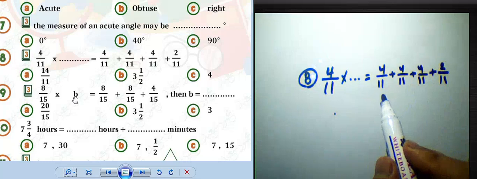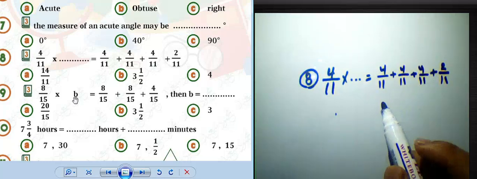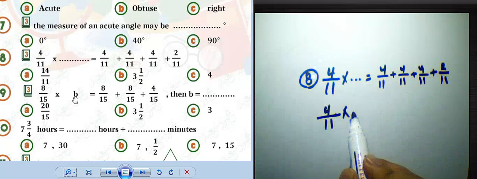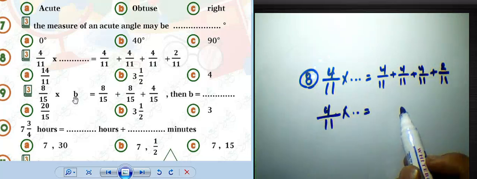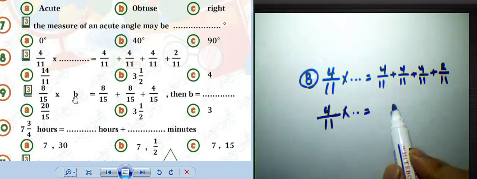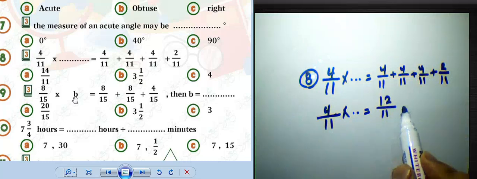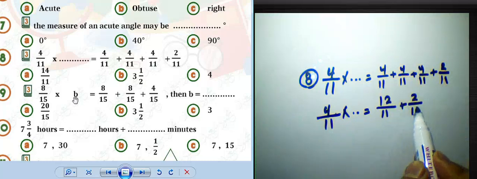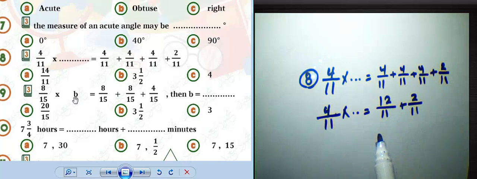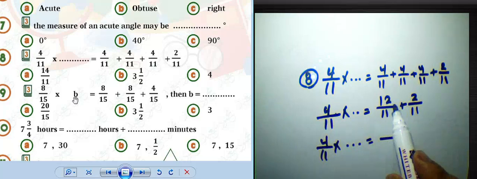In this example, we must find the result of the right hand side. 4 plus 4 plus 4 will be equal to 12 over 11. Plus 2 over 11, we can add them. 12 plus 2 equals 14. So 4 over 11 multiplied by m equals 14 over 11.